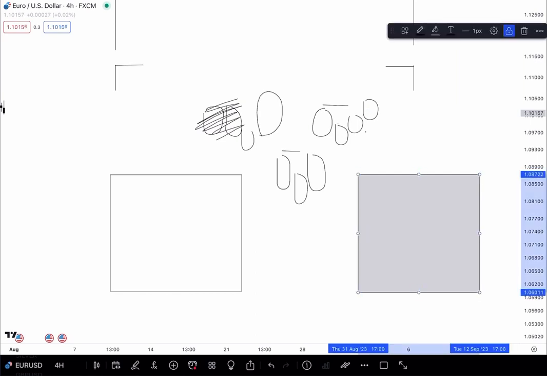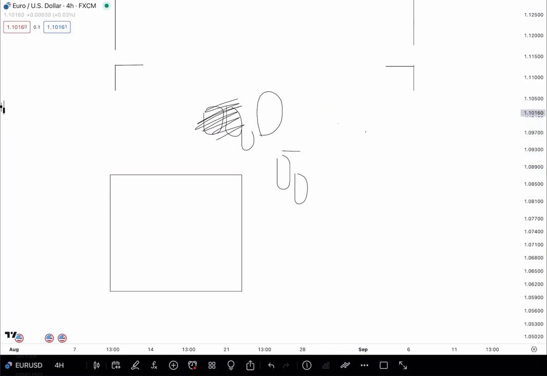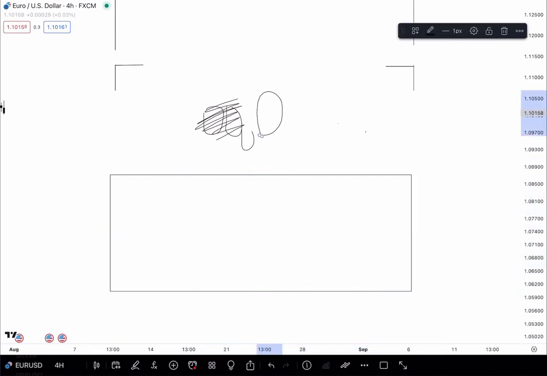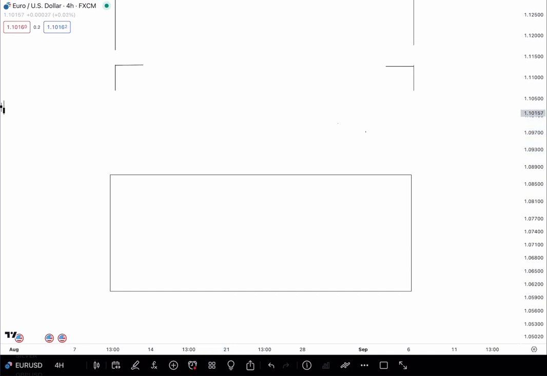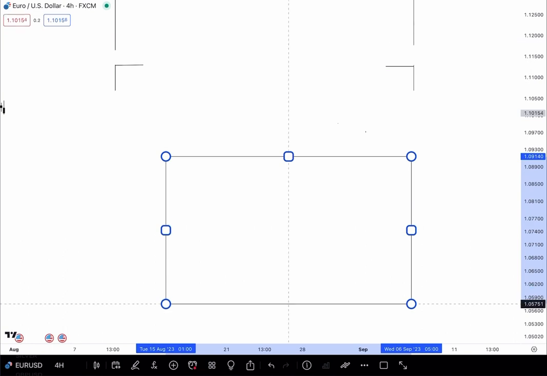Now, let's dissect the OLHC or OHLC. We have two fixed values and we have two moving variable, continuously changing values.